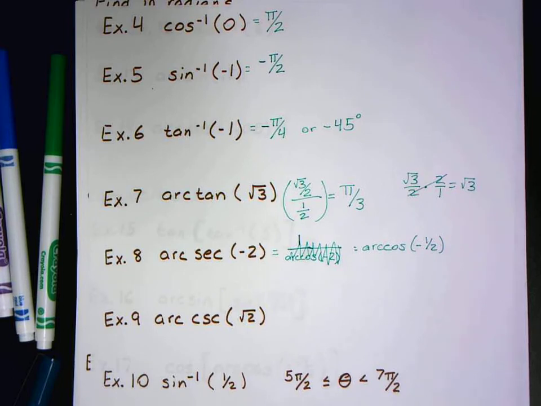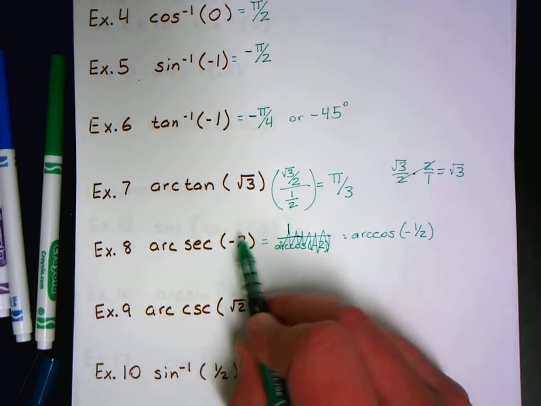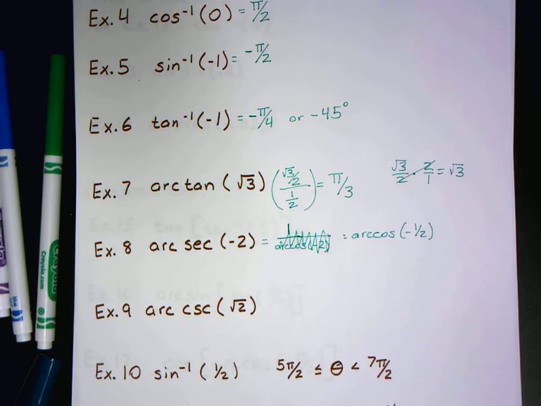You flip the number inside upside down. You don't with the arc ones. You don't flip this upside down. You flip your number inside upside down. Negative what? Yeah. Flip your -2 upside down.